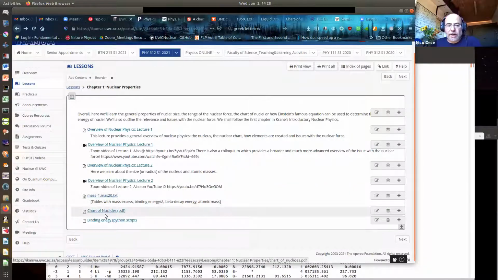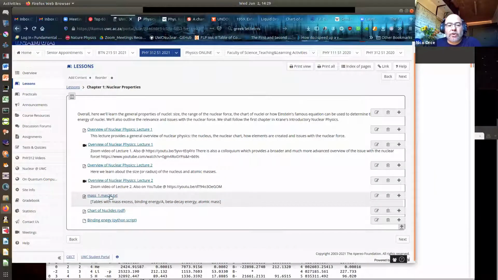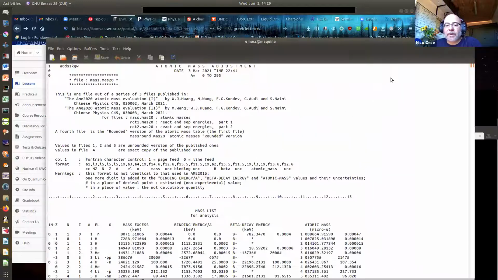You have the chart of nuclides, and you have this Python script which I just added to Chapter 1. I would suggest that you download this right now from Canvas, because we're going to start working on that. And also, you need to download these guys. Put the mass 2020 text file and the Python script in the same directory.